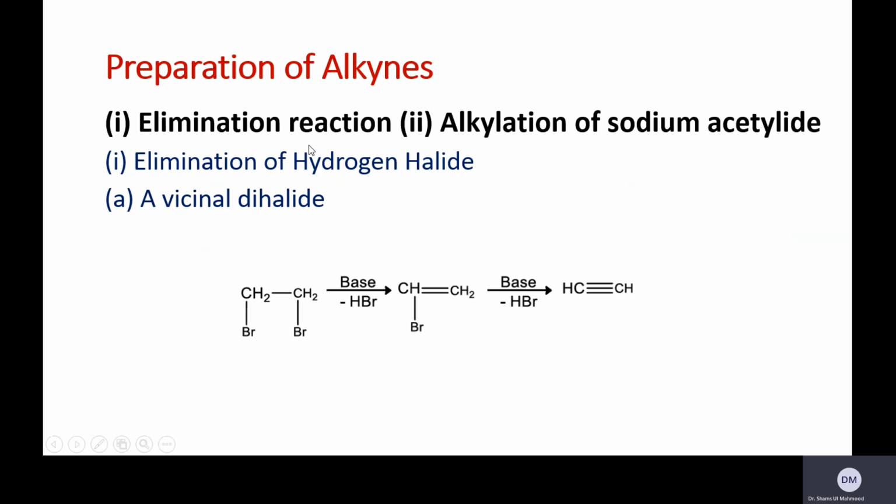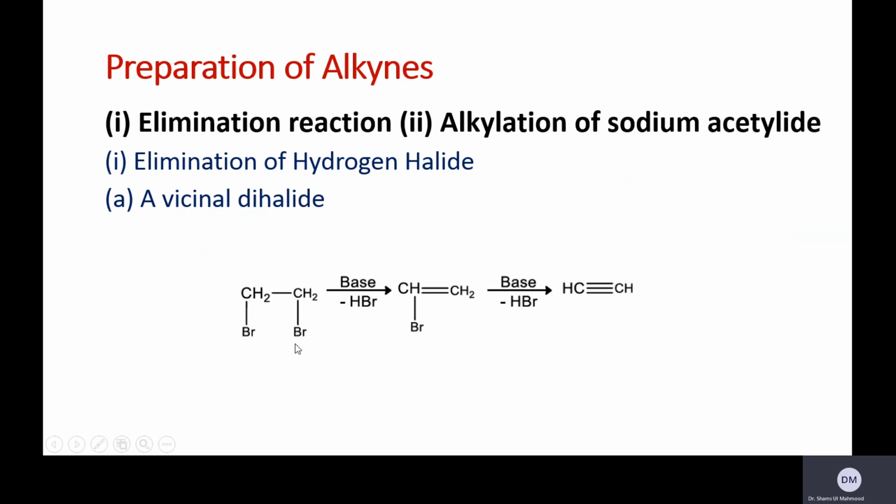The very well-known reaction for the formation of alkynes is the elimination of hydrogen halide, also called dehydrohalogenation, meaning removal of hydrogen and halogen. That can be removed from a dihalide. So if we have a dihalide, it can be converted into the alkyne by the removal of hydrogen and halogen.